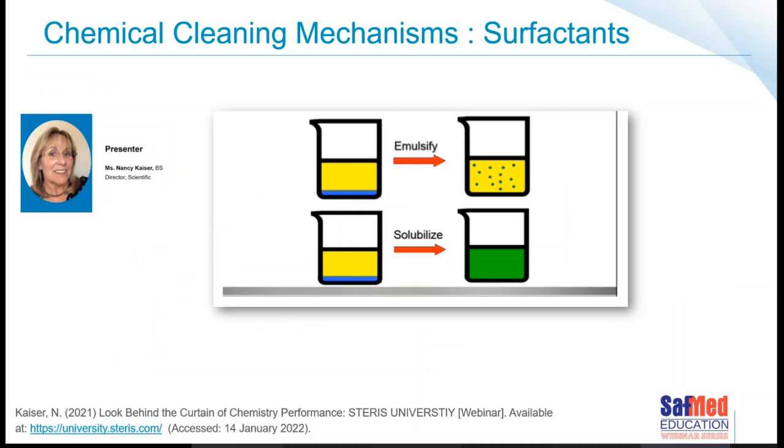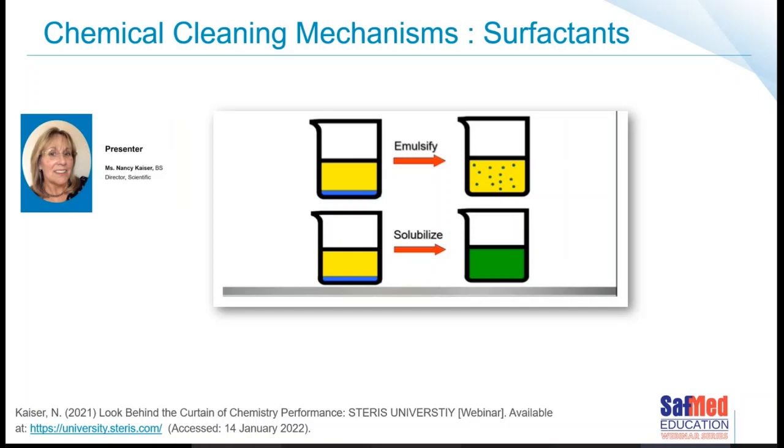Now, what is solubilization? Solubilization is about dissolving the soils. For the best cleaning results, chemists like Nancy combine many different types of surfactants into her detergent chemistry so that the water wets more, so that the detergents help by emulsification, getting the dirt up off the instrument, and so that we can also help dissolve some of the dirt into the water detergent solution.